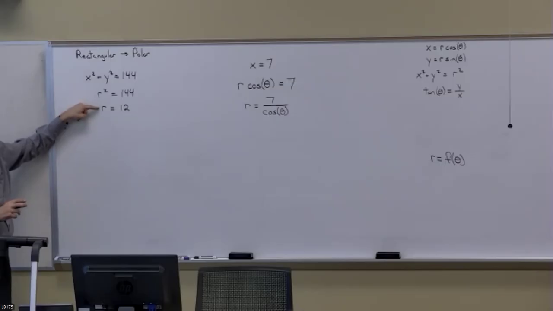So that means this is a circle at the origin, sometimes called the pole, written in polar coordinates. Notice that this is a really easy equation to deal with. It's just r equals a constant.